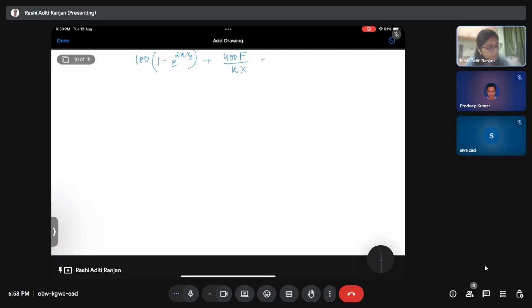This is the total reduction because of both the viscous and Coulomb damping.